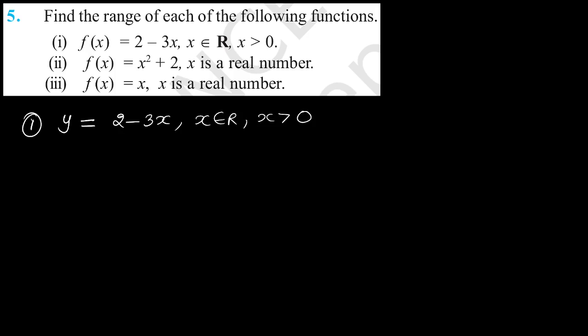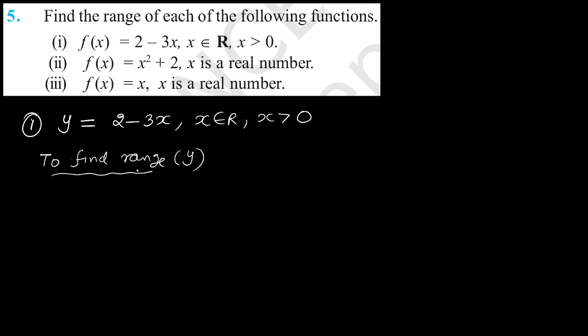Remember, listen. The exact method to find range: I don't need the domain. Actually the domain is clearly specified here, the values of x are clearly specified. I want the range. Range means the possible values of y.